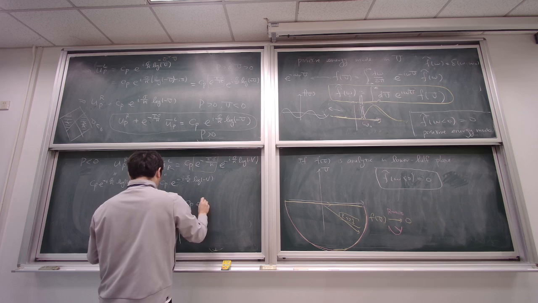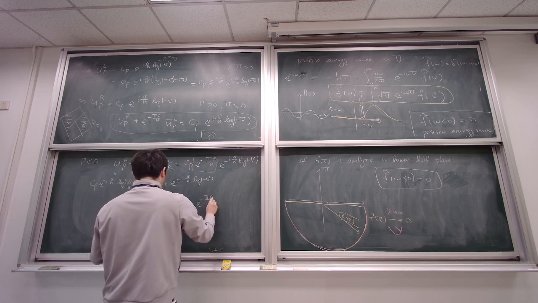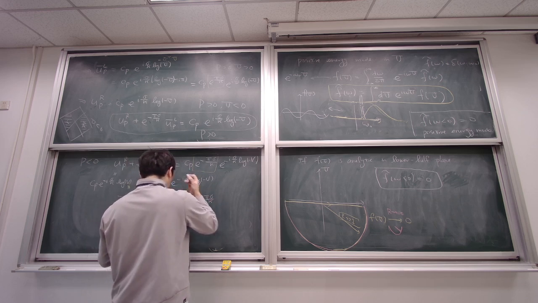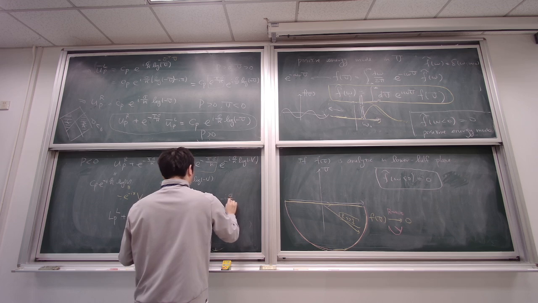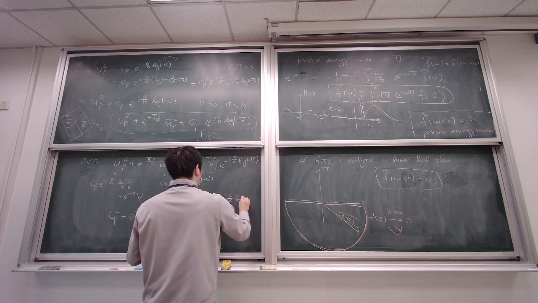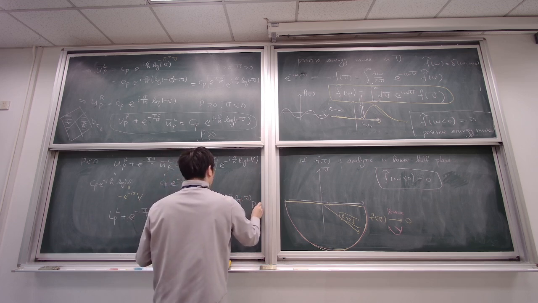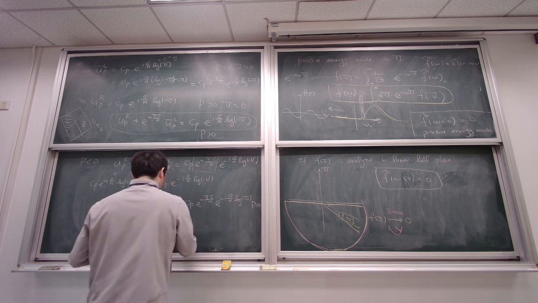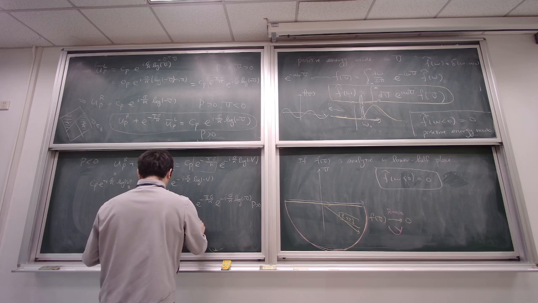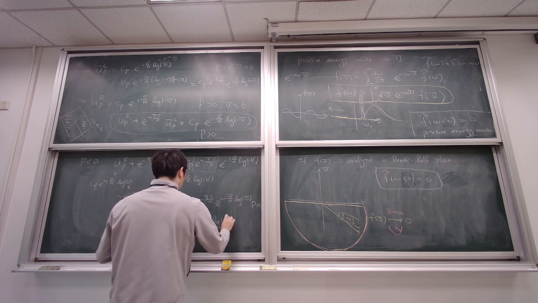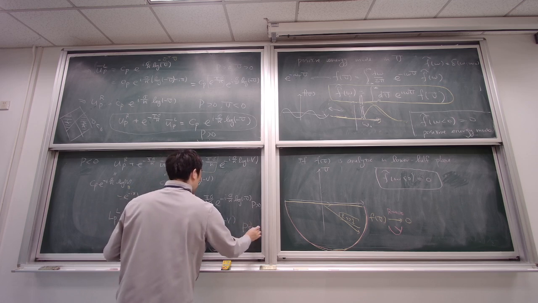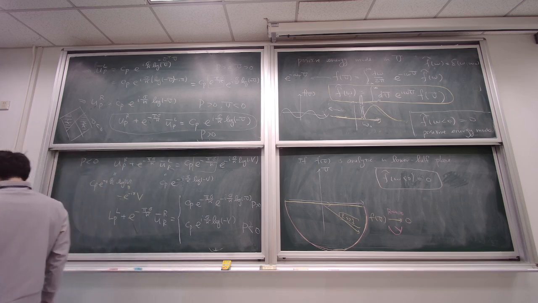C_P e to the minus pi sigma over kappa e to the minus i sigma over kappa log minus U, and P goes to 0. And C_P e to the i sigma over kappa log minus B, P less than 0. So like this way.